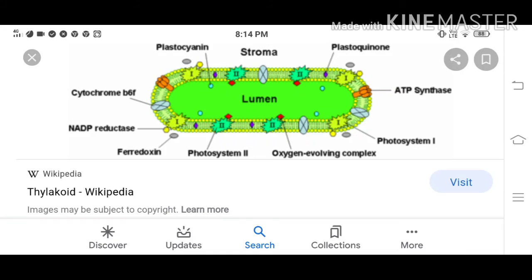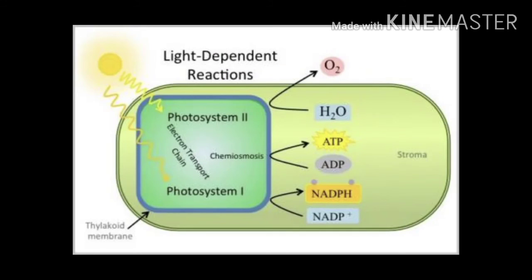Third step is reduction of carbon dioxide to carbohydrates. As we know, one of the raw materials for photosynthesis is CO2, that is carbon dioxide. So this will be converted during the process of photosynthesis, and finally carbohydrates will be given, which is nothing but glucose. So light is required in order to start or initiate several events inside a thylakoid. During the light reaction, the sunlight is very important.